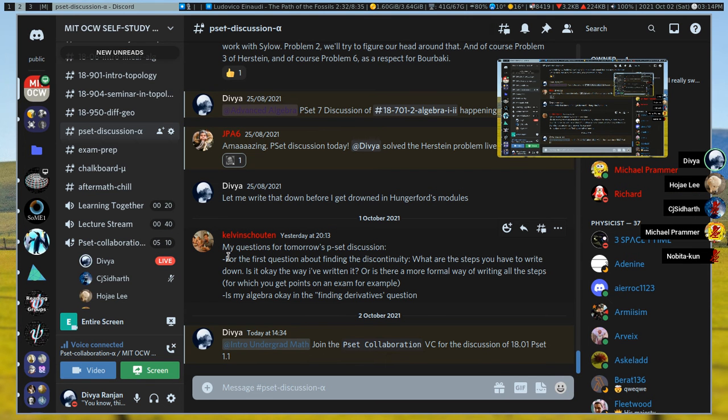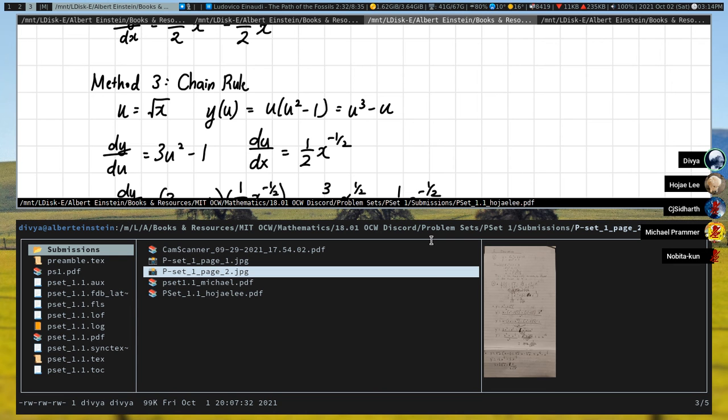So he says for the question about finding the discontinuity, what are the steps you have to write down? The way I've written it, is there a more formal way to write it?